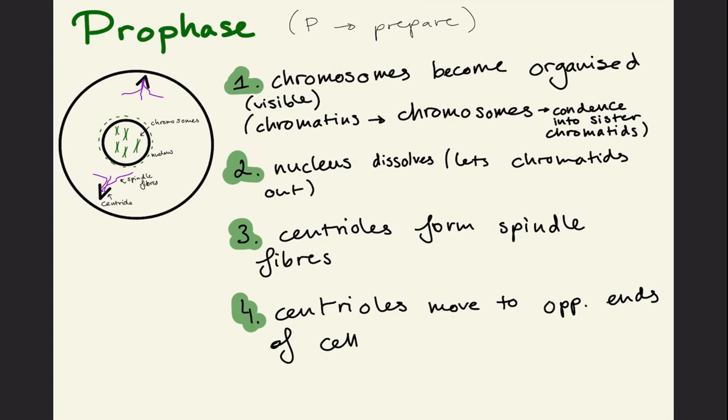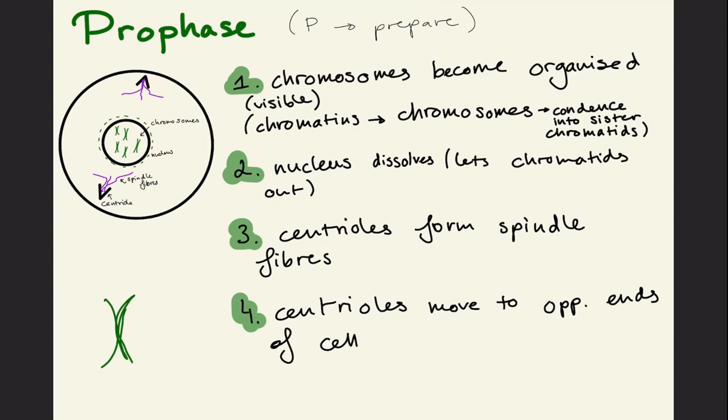But as it gets ready to divide, they become more organized and form chromosomes, right? And to help condense themselves into sister chromatids, and chromatids are just 2 replicas of the same DNA, but they're just 2 different strands. Usually when you imagine a chromosome, you imagine a little X, right?